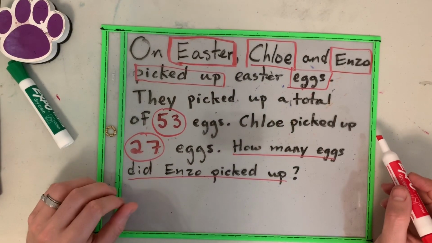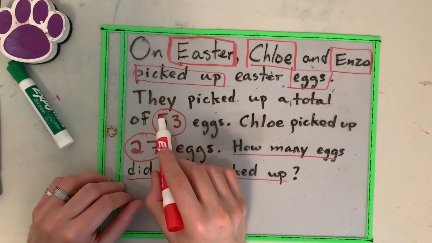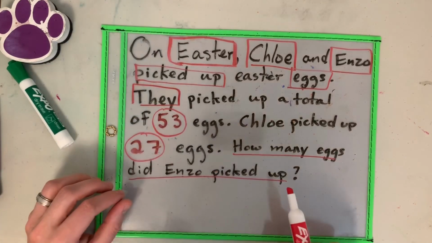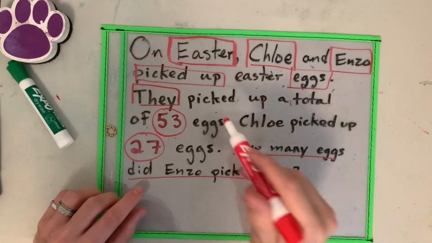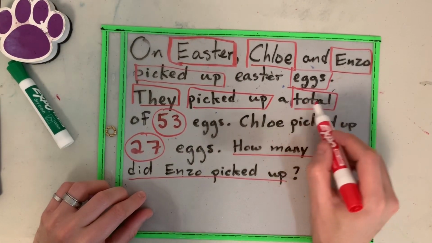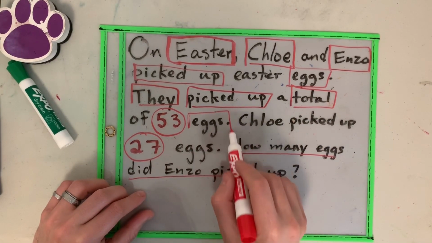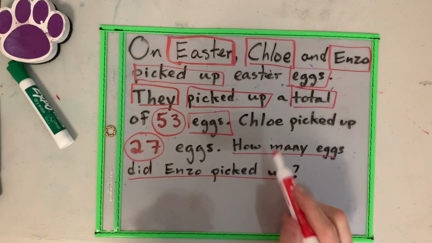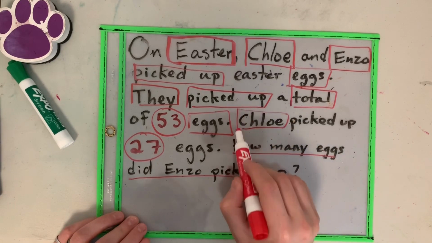So we know that they picked up, they means ellos. Los dos juntos, they picked up a total, un total of 53 eggs. Así que los dos juntos agarraron 53. Chloe picked up 27.